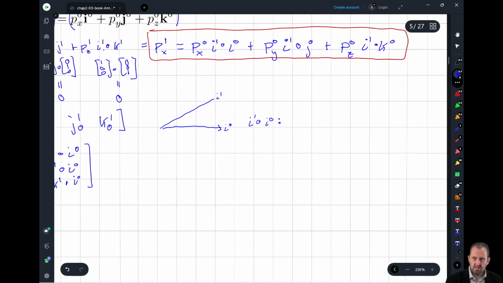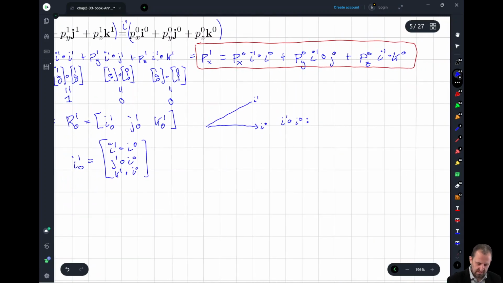All this is the magnitude of the vector I naught projected onto I1. We get that from our dot product.